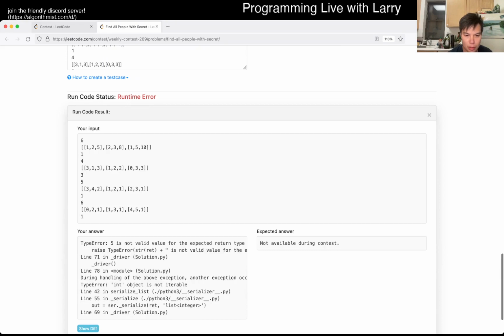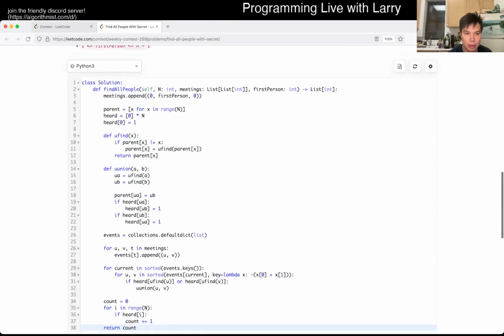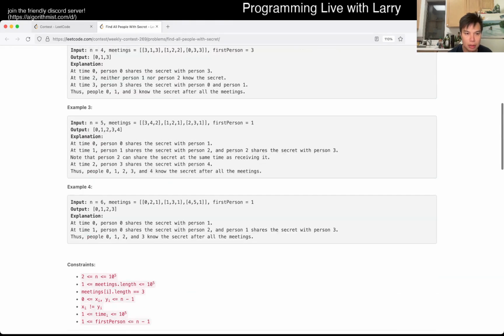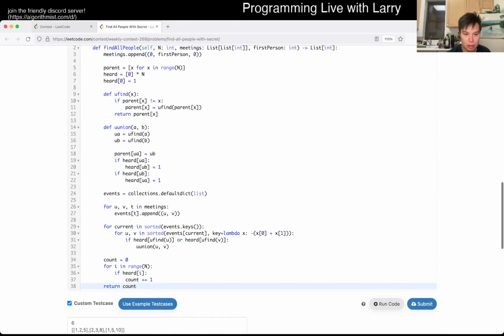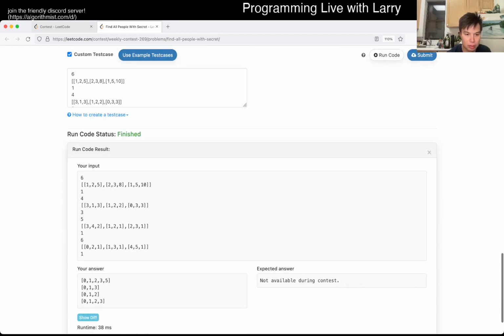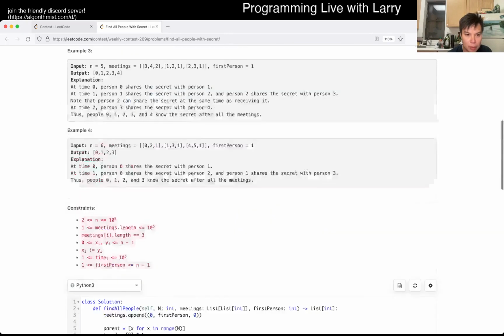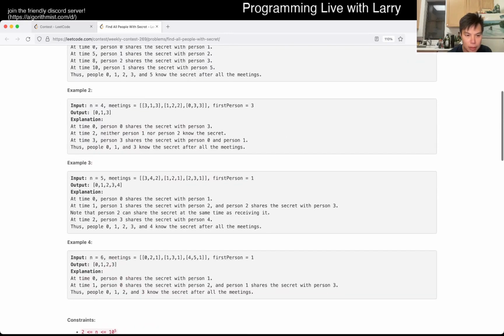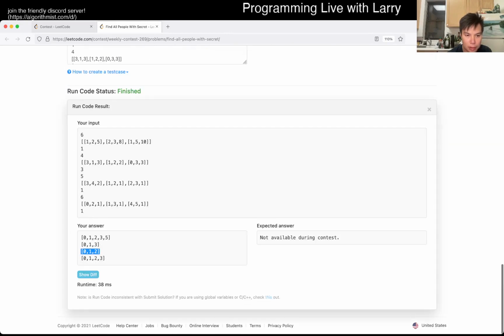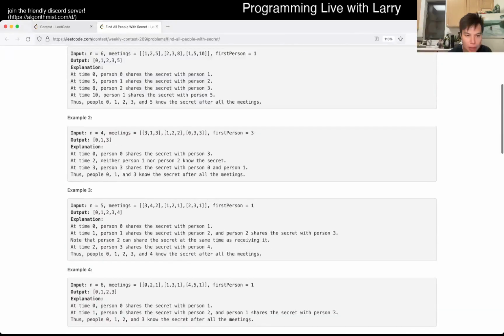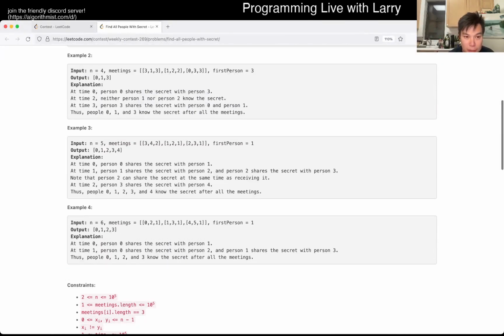Where? Oh, whoops. I'm missing some, am I? Nope. Well, definitely missing some on the other ones, right? Okay, let's see. Why am I missing some?